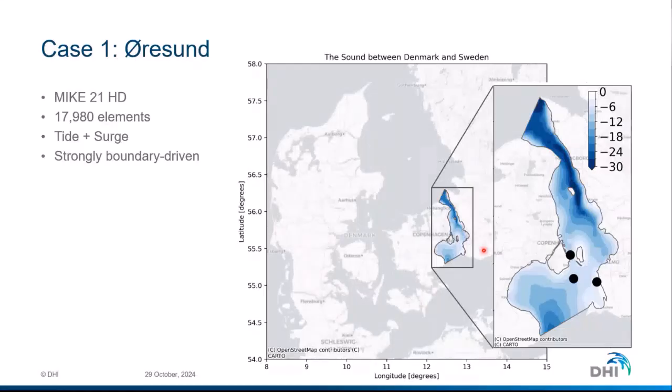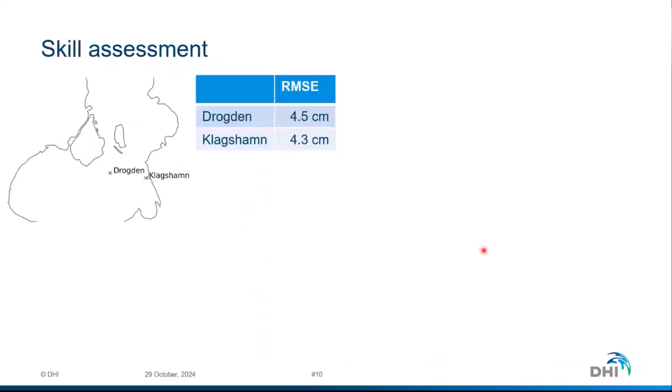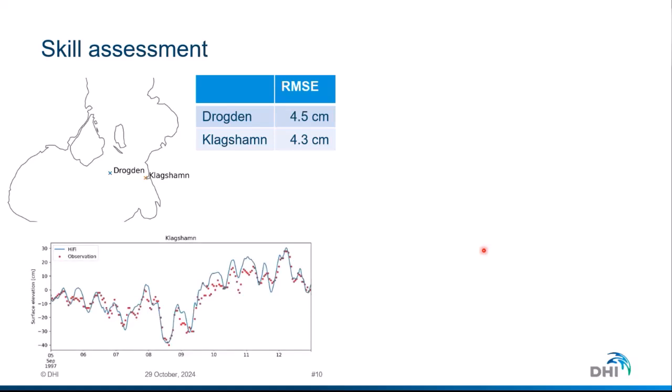So we are considering this model domain of the sound between Denmark and Sweden, called Øresund, strongly driven by boundary conditions. We have also compared to a few measurement stations in this domain. There are two here, one in Drogden and one in Klagshavn. As you can see, the model is performing okay.